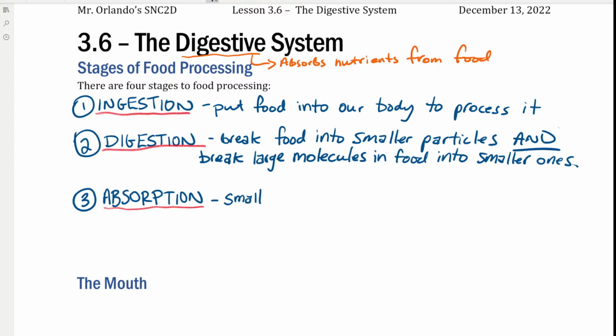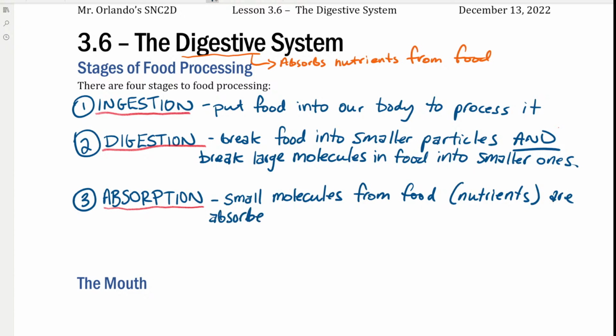Small molecules from food, which we call nutrients, are absorbed. And they're absorbed into the bloodstream. And why the bloodstream? Well, as Kyla is no doubt yelling at me, they're absorbed into the bloodstream because from there they can be moved throughout the body.